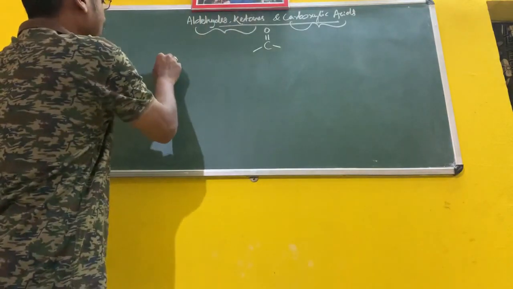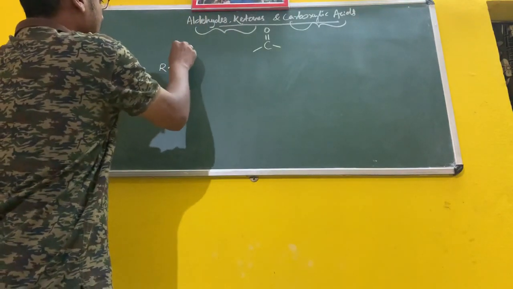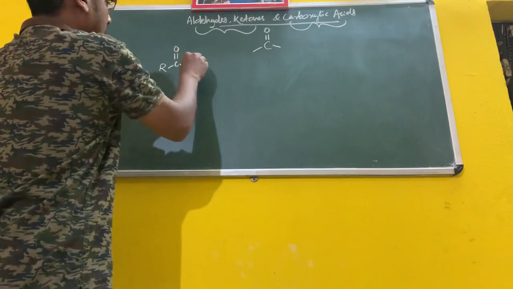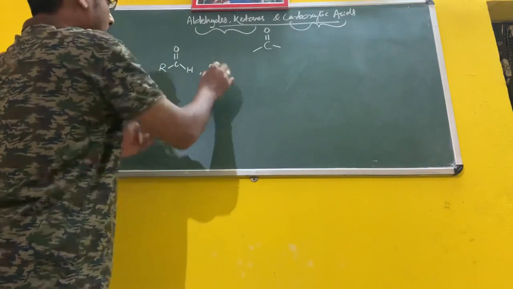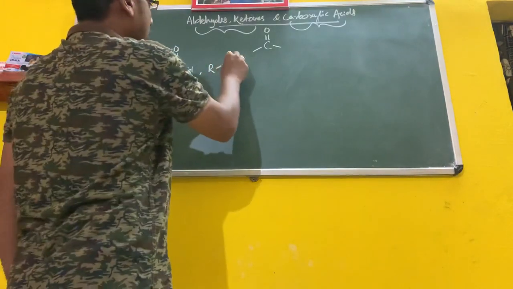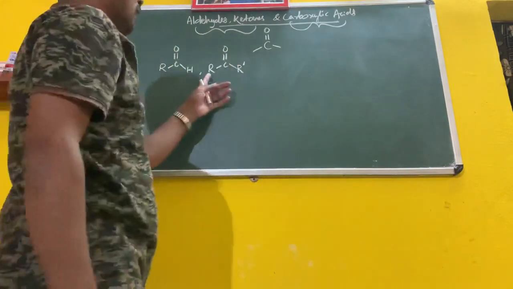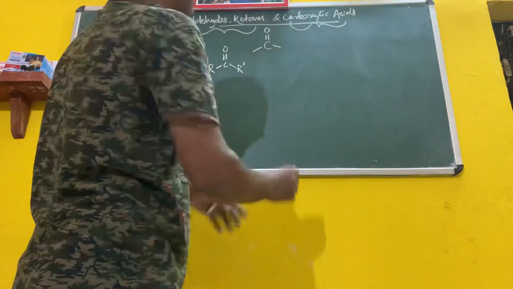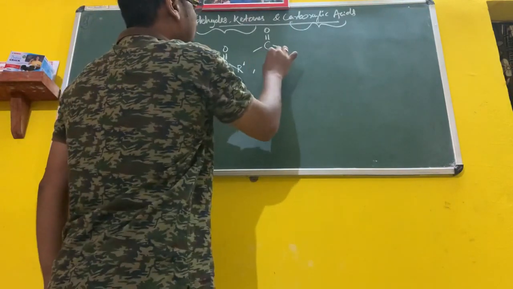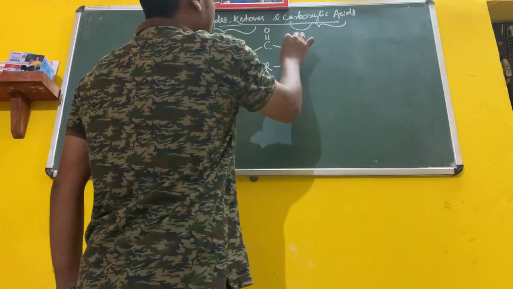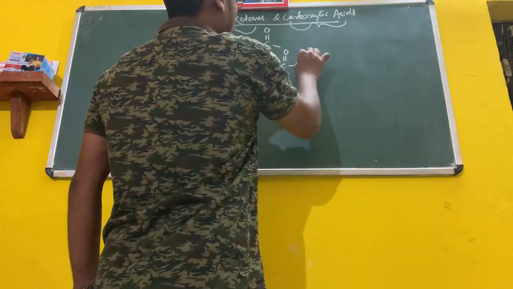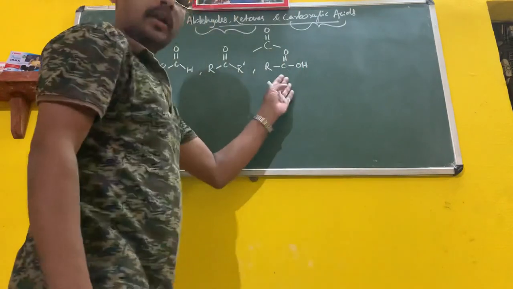Suppose R C double bond O H, aldehyde. R C double bond O R dash, R and R dash may be same or may be different. Next, R C double bond O OH, you can write like this also.